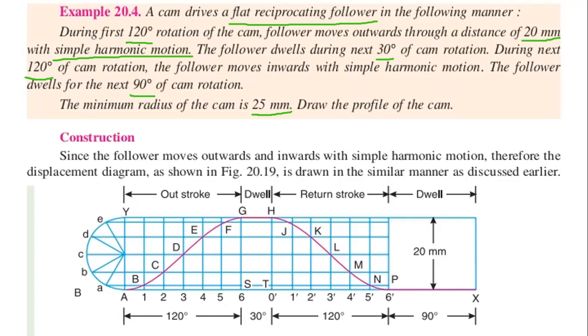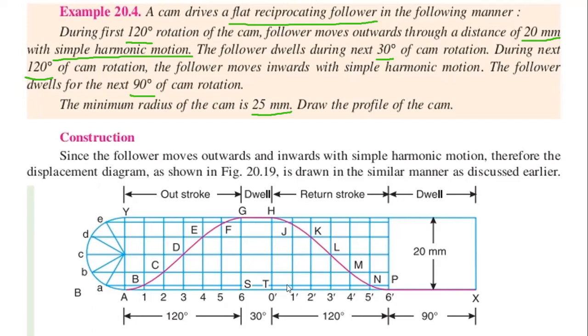Then we have the return stroke from H to P. In the same procedure as the outstroke, we have to similarly draw the return stroke also.